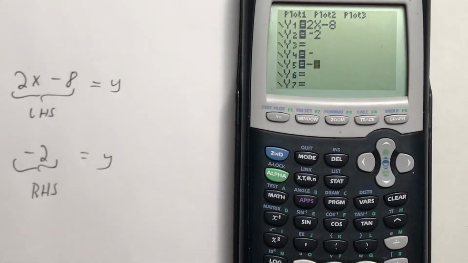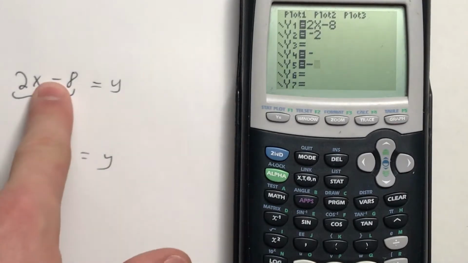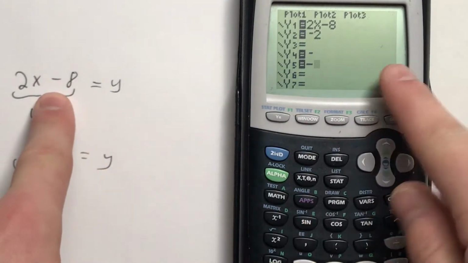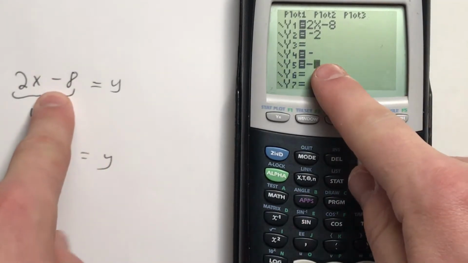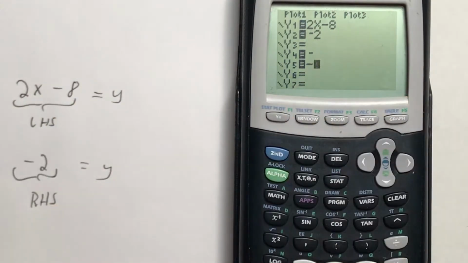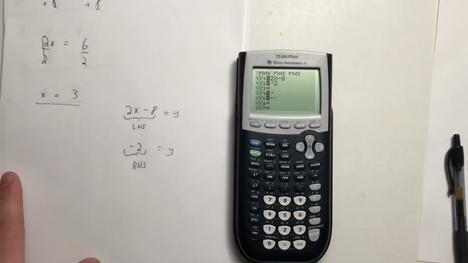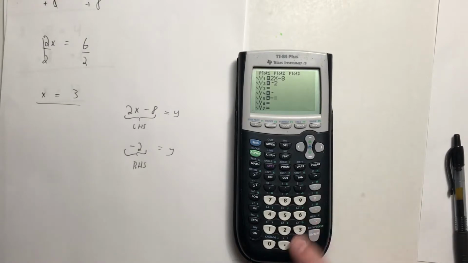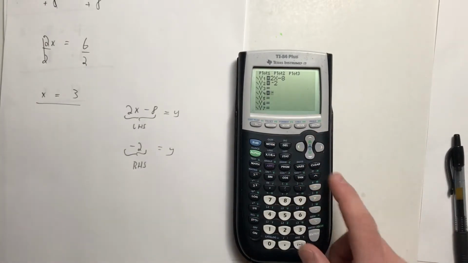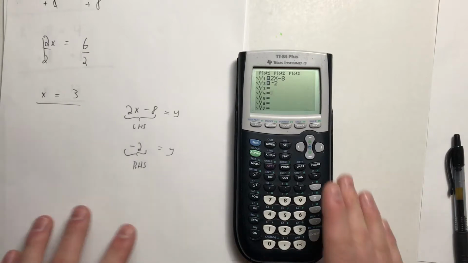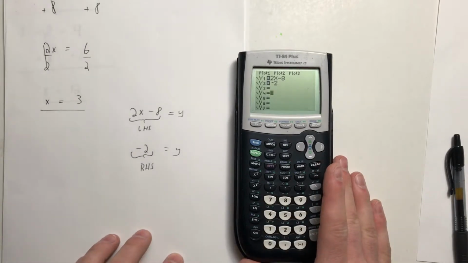If you have a negative number, like here we have a negative 2, and here we have a minus 8, you want to make sure to use the minus for the minus 8 and the negative for the negative 2. And if you're getting some weird answers from your calculator, it might be because you have the negative and the minus button switched. So just a little tip there.